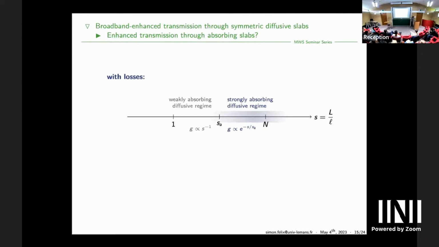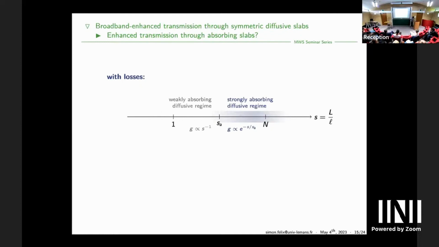So how rapidly is the wave absorbed due to the loss mechanism. If L, the length of the slab, is smaller than this length of absorption, we are still in the classical diffusive regime, what we call the weakly absorbing diffusive regime. G decreases as the inverse of the length, so Ohm's law.